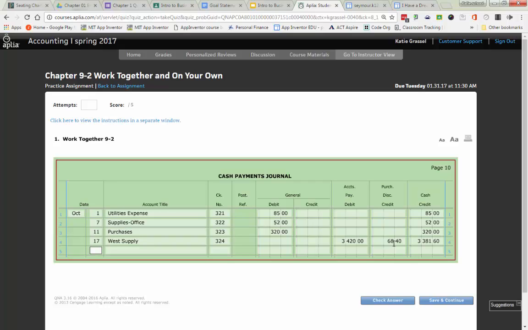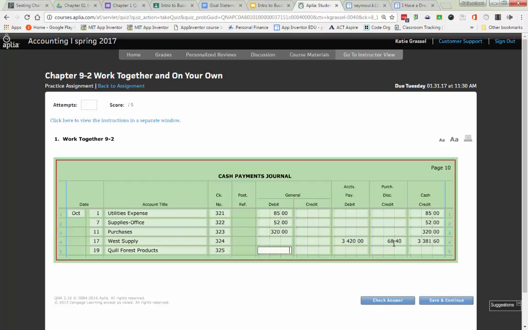Last transaction, the 19th. Paid cash on account to Quill Forest Products, covering purchase invoice 182 for $4,380. No discount was offered. So we're going to do the date of the 19th. Account title is going to be Quill Forest Products. Check number 325. Do not put it in general. You have to go to accounts payable.